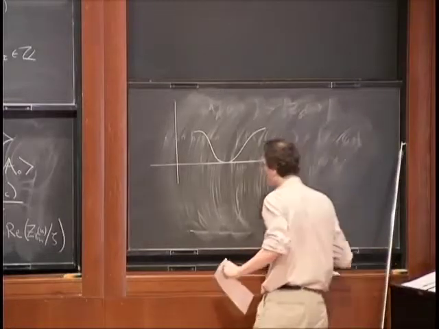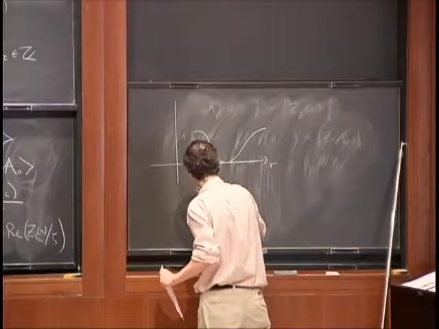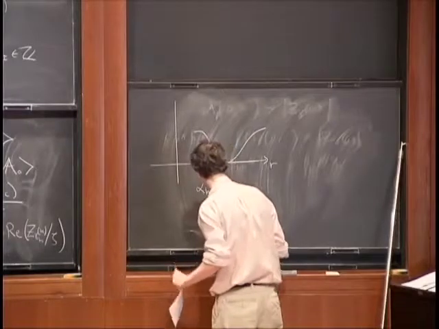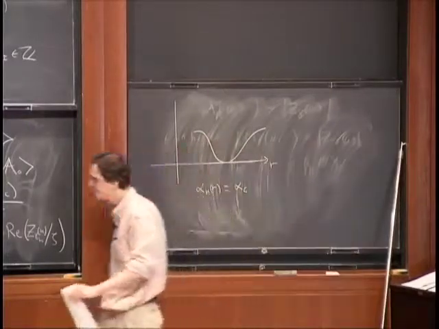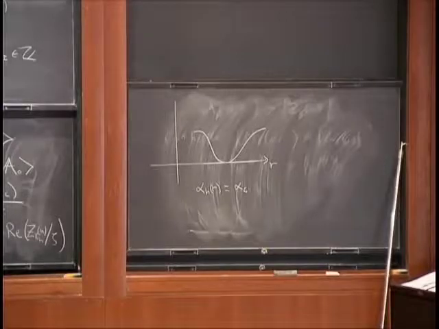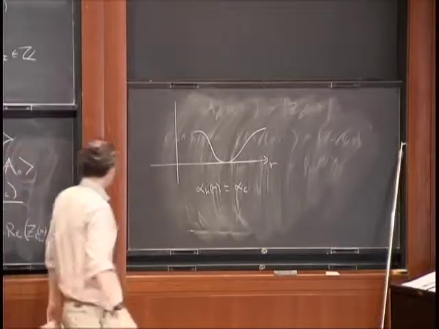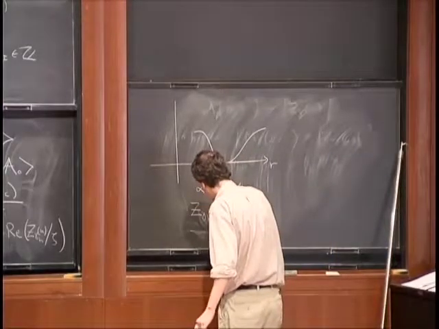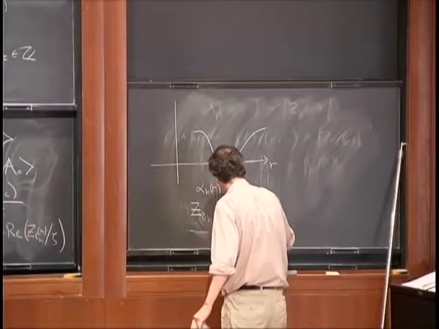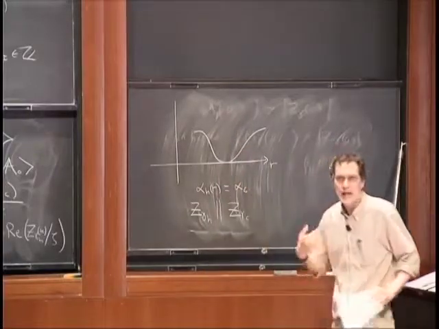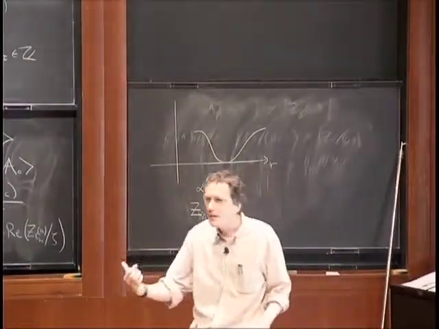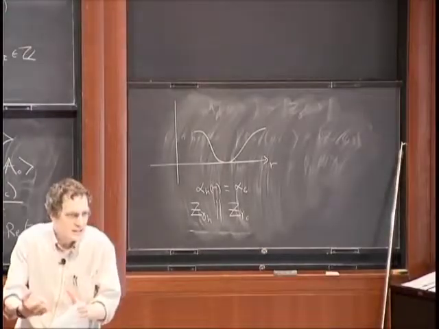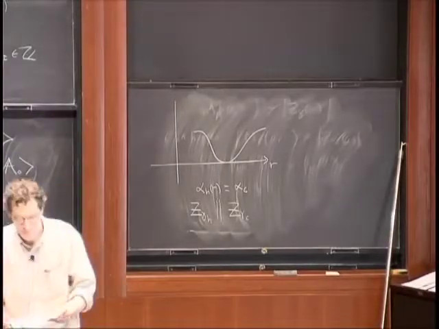And where is it minimized? It's minimized when alpha h of r is equal to alpha c. Notice that that's exactly the place where the central charges of the probe and the central particle are parallel. So z sub gamma h is parallel to z sub gamma c. So that really shows you that this BPS particle can bind to this BPS dion.